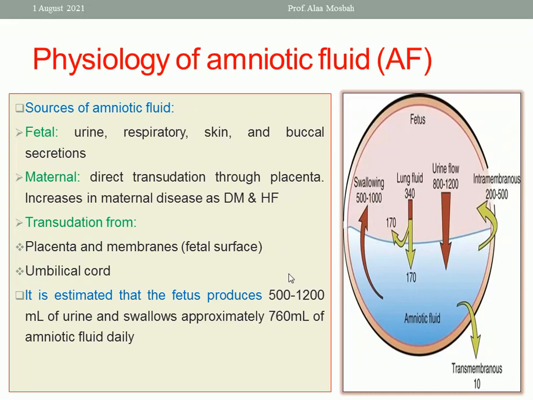If the baby has a problem with swallowing, like an oral or esophageal problem such as esophageal atresia or duodenal atresia, the baby cannot swallow, so there is polyhydramnios, okay.